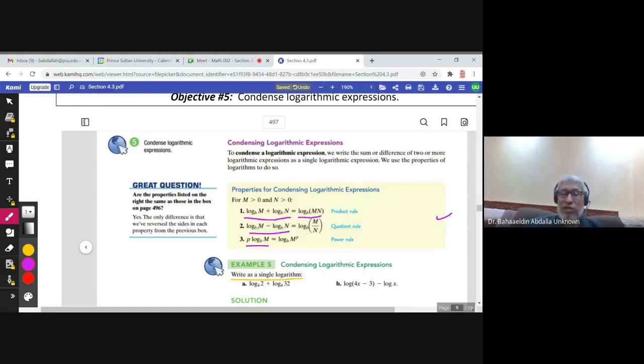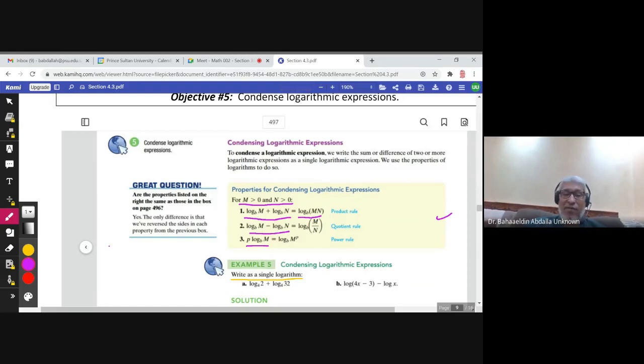Pay attention here that these properties are correct only for m greater than 0 and n greater than 0. This is very important, because the domain of the logarithmic function requires the number inside to be positive. So in log m, m must be positive, and n also must be positive.